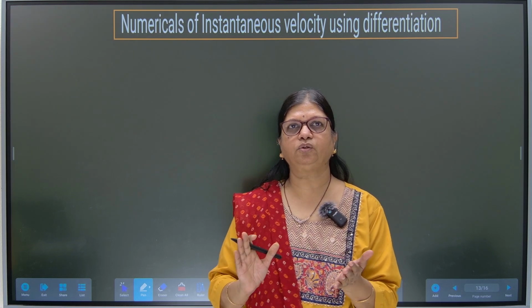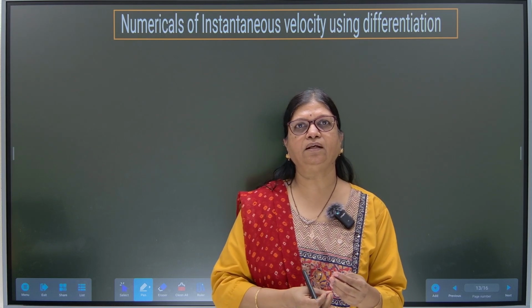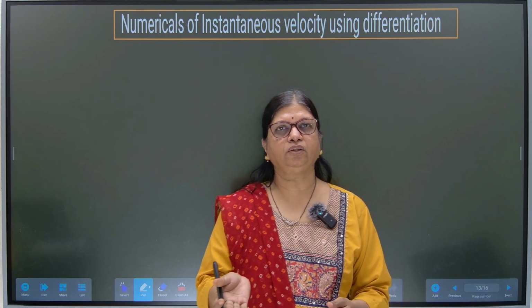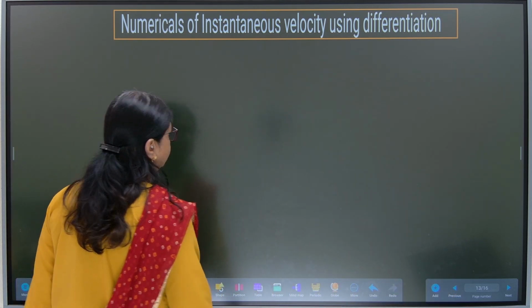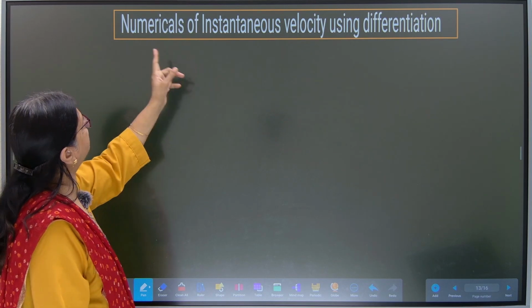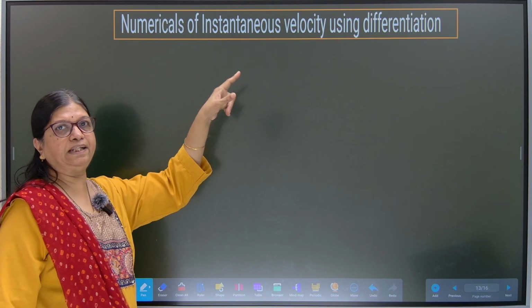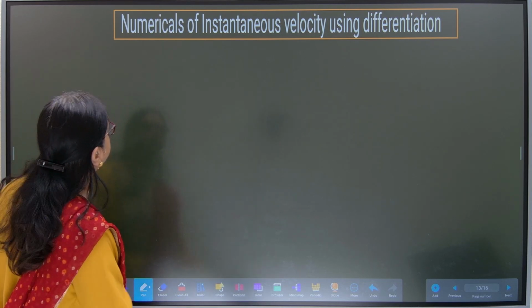There is no need to learn the formula by heart. Just keep some trick so that you can use it whenever it is required in physics for the next 2 years, standard 11 and standard 12. Now, as I said, before starting the numerical on instantaneous velocity, we shall do differentiation. And why should we do differentiation?